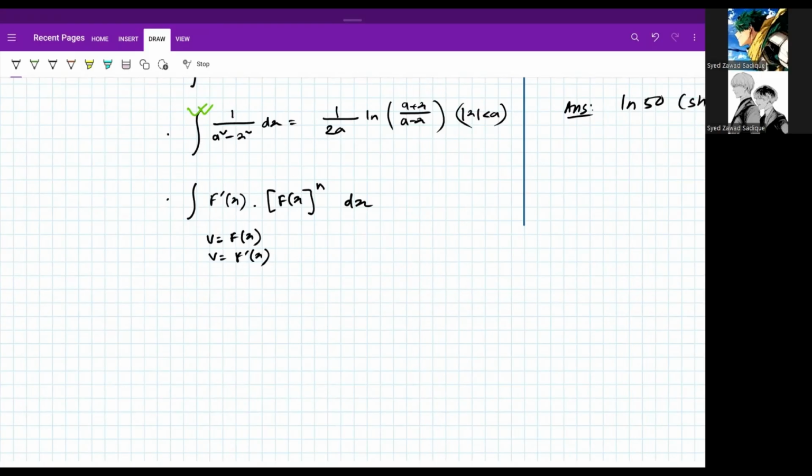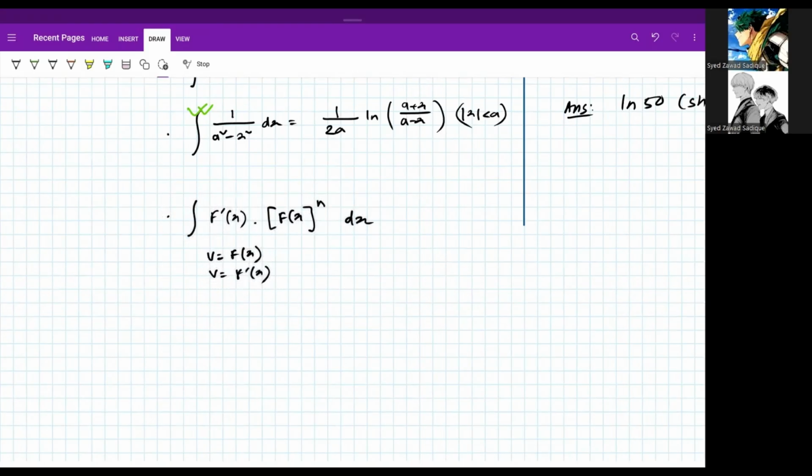Wait, actually give me a moment. This is actually an integration by parts formula.